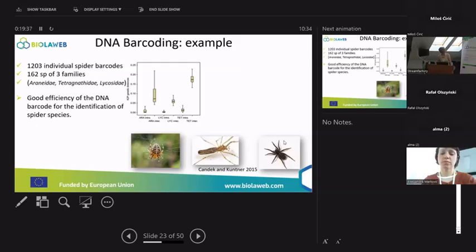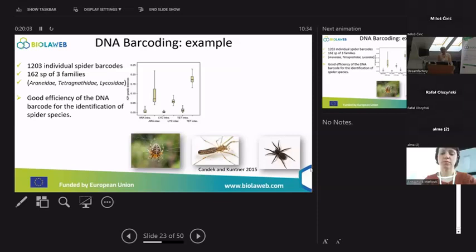So for example, in this graph, you can see on the y-axis the genetic distances. The first box plot is for Araneae intraspecific distances, while the second one is for Araneae interspecific distances. And then you have the same for Lycosidae, and the third set of box plots is for Tetragnathidae.